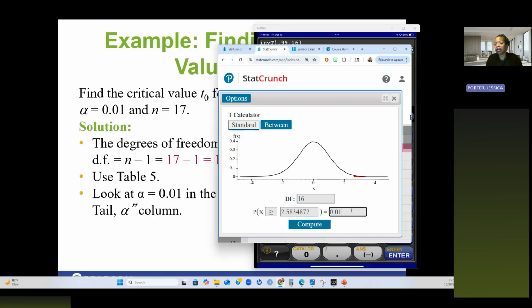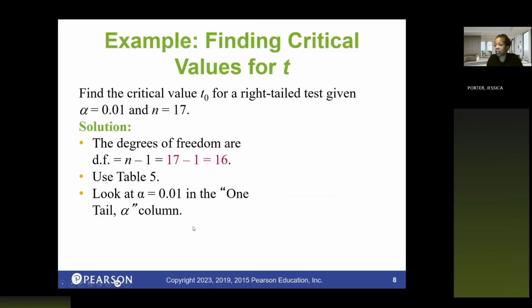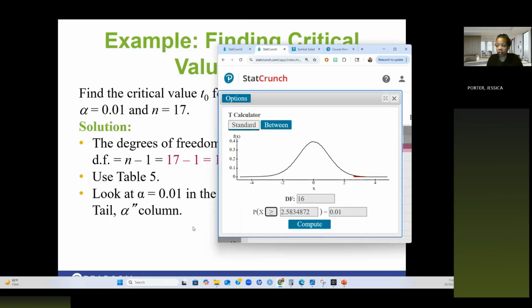Because in StatCrunch, you're changing this sign over to say this is a right-tailed test, you can put 0.01 there. So that's the difference between the calculator and StatCrunch. In StatCrunch, you can put 0.01 as long as you select the correct inequality. So that's 2.58.